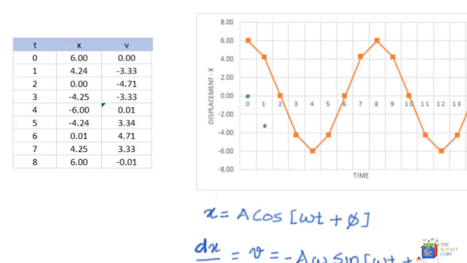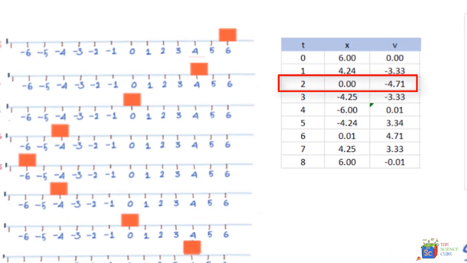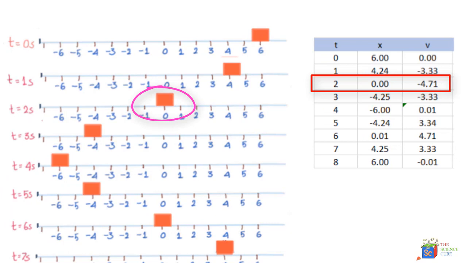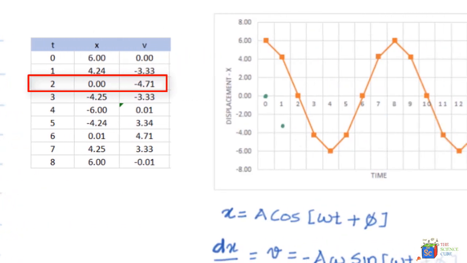And at t equal to 2 seconds, it reaches the equilibrium position where we know the velocity has to be maximum and the mass is moving towards the left, and therefore its velocity is minus 4.71 meters per second, which is the maximum velocity. So we'll put at t equal to 2 seconds, velocity is minus 4.71 meters per second.